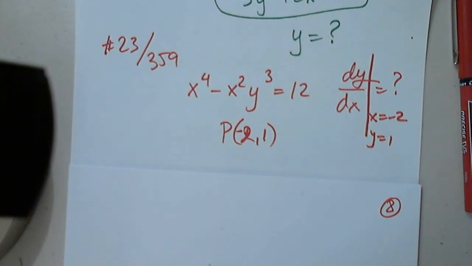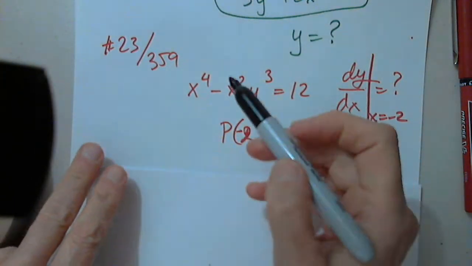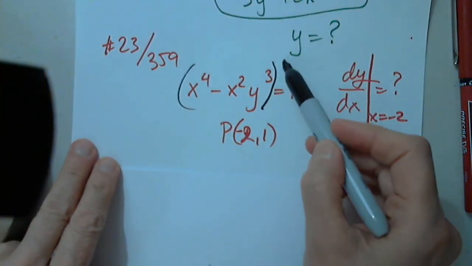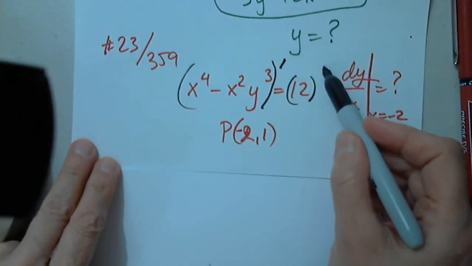What did we just do? How did we determine dy over dx? We differentiate both sides.